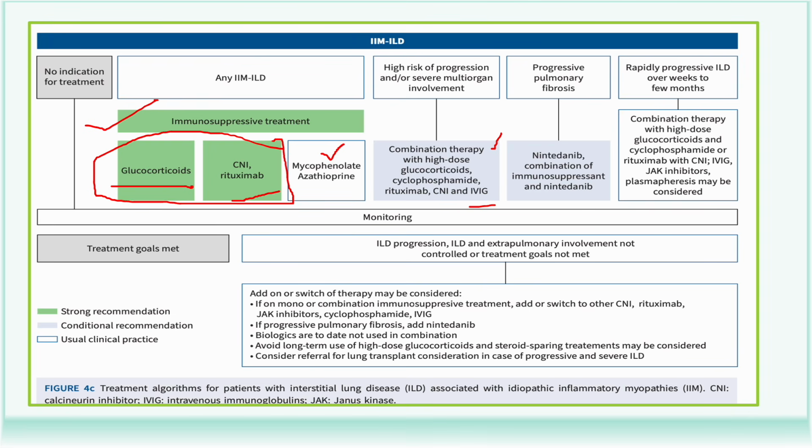If there's progressive fibrosis, you would be adding nintedanib with the immunosuppression. And in rapidly progressive ILD, we try whatever we can with IVIGs, with immunosuppressants, with plasmapheresis as well. So be very aggressive when you diagnose an IIM. Again, if it's progressing from mono, make it combination, switch the immunosuppressants, give the antifibrotics, and give steroid sparing treatment for long term.